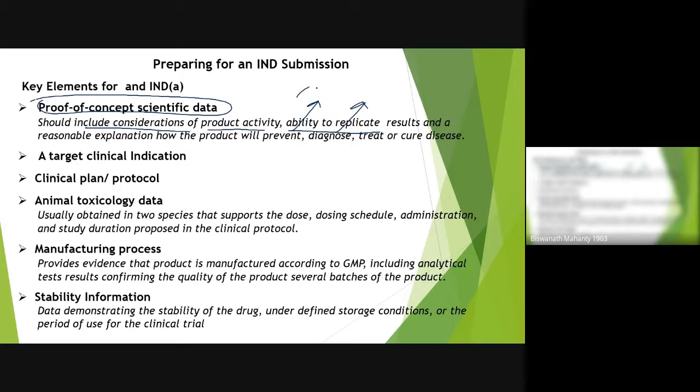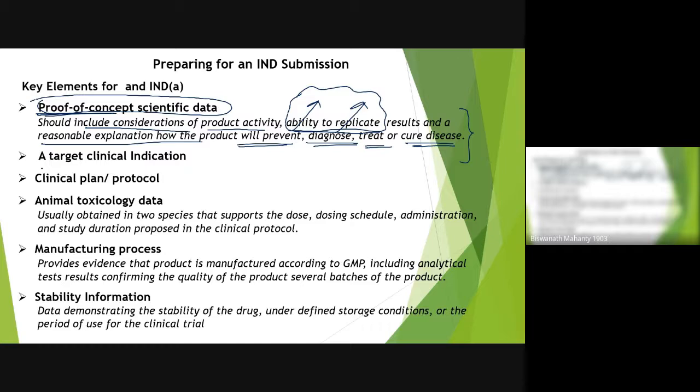So these are the basic requirements that will be judged. This is called proof of concept scientific data: what you have already done in your lab, animal models, cell lines, how it is going to replicate, with a reasonable explanation of how the product will prevent. If it is for treatment purposes, or diagnostic kits, you can treat or cure diseases. So this explanatory note is definitely required.